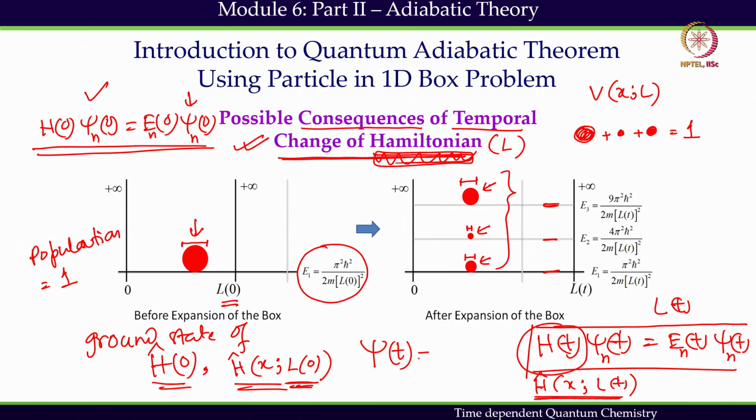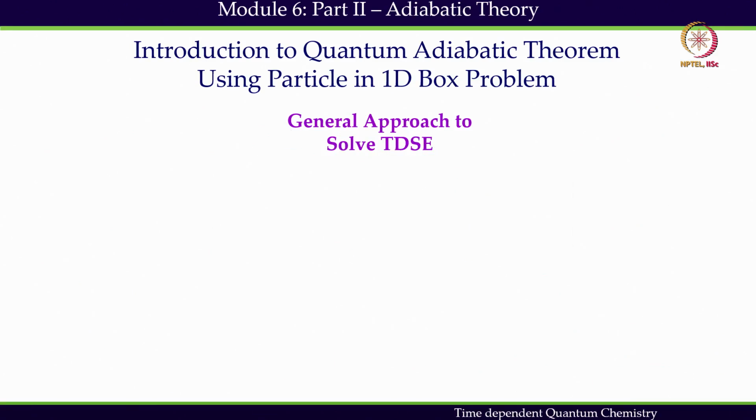And this non-stationary state, we know that it can be represented as a linear combination of the stationary states at time t. So, all the stationary states at that time, whatever I can get, I can collect with its corresponding phase factor, and then linearly combine them to get the non-stationary state. This is a very common approach to solve TDSE.